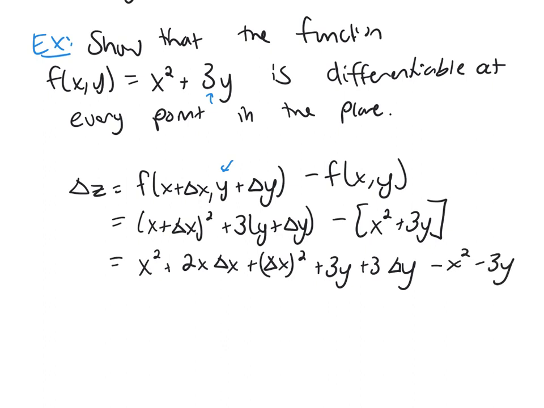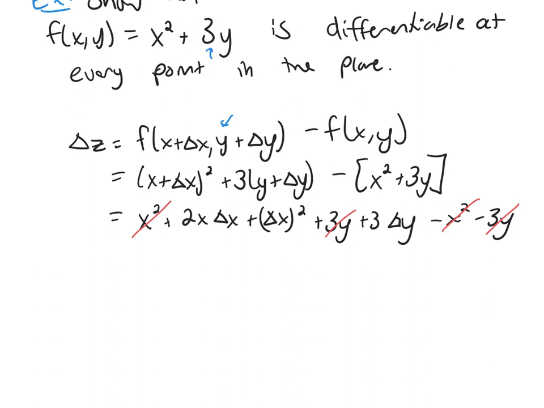And you should see some terms that cancel, this x squared and negative x squared, negative 3y and positive 3y. So in the end, this is 2x delta x plus 3 delta y plus delta x squared.